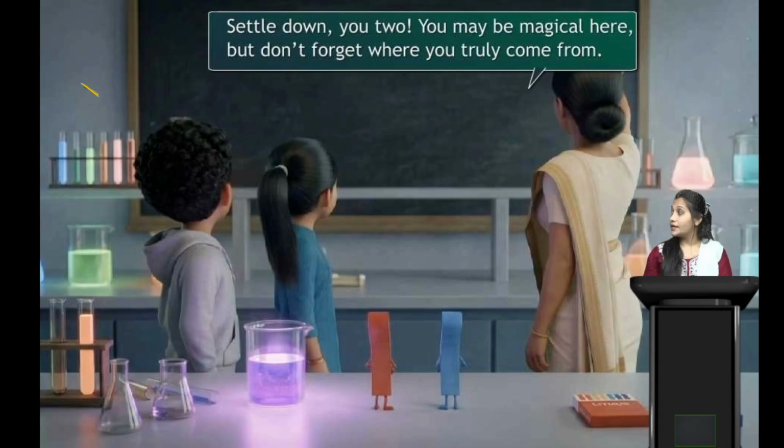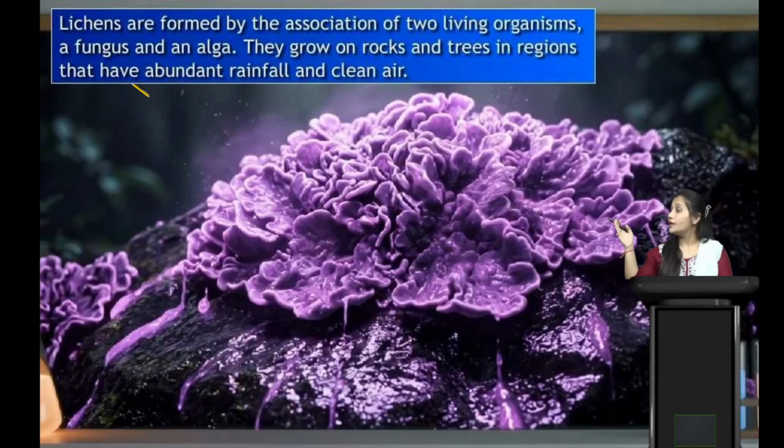Now what can we see? We can see a beautiful image here and it says that lichens are formed by the association of two living organisms, a fungus and an alga. They grow on rocks and trees in regions that have abundant rainfall and clean air.